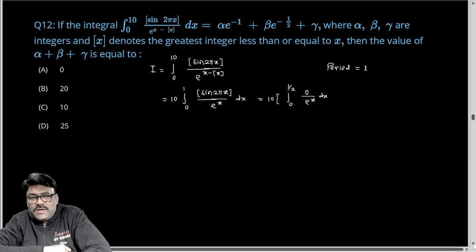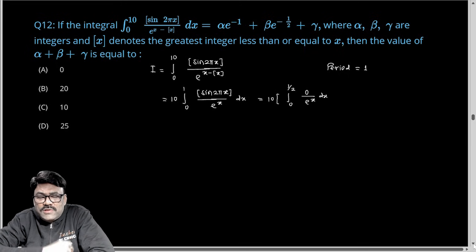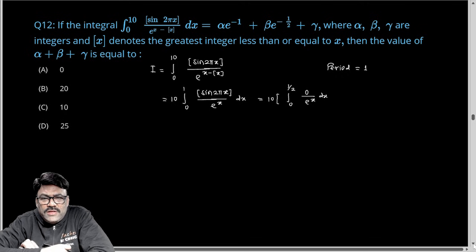Between 0 and half, angle 2 pi x lies between 0 and pi, so sine lies between 0 and 1. Hence the integral part is 0. At one point, at x equal to 1 by 4, the angle becomes pi by 2 and sine pi by 2 is 1. But even if you exclude one point, a definite integral is an area, and the area will not change. So you can exclude that point 1 by 4.